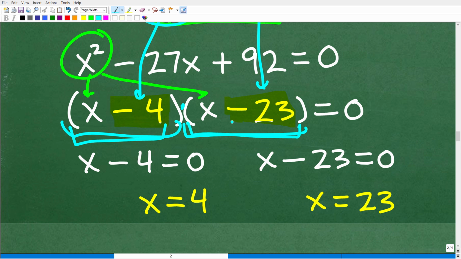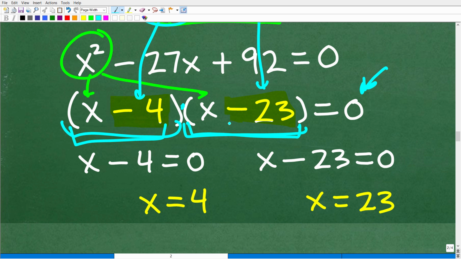If you have two things and the product of those two things is 0, if I said, hey, I got two numbers, and when I multiply them together, the answer is 0, what does that tell you about the numbers? Well, it means that one or both of those numbers must be 0. You can't get 0 as the product unless one or both of those numbers are 0.